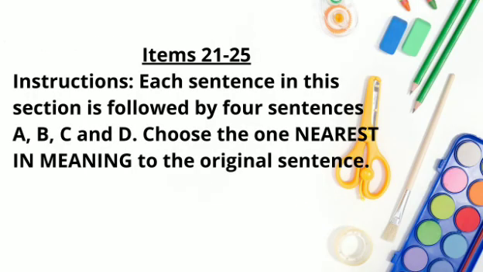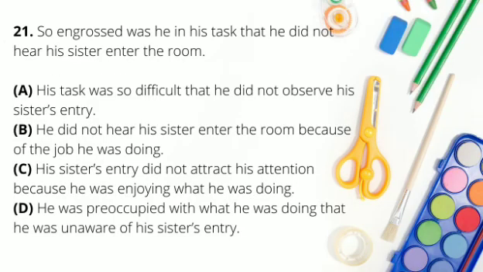Items 21 to 25. Instructions. Each sentence in this section is followed by 4 sentences, A, B, C, and D. Choose the one nearest in meaning to the original sentence. Most of the items in this section I have already gone through, so what I'll do is just read the original sentence and give you the equivalent.